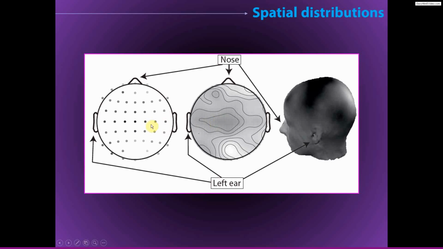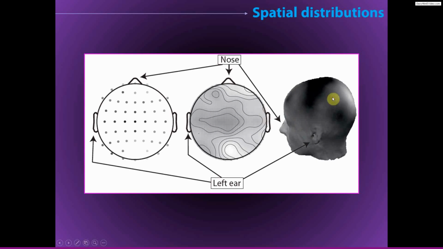This is a point that's in between these electrodes where we actually record data. But we want to use an interpolation algorithm to estimate what the activity would look like at this point, and this point, and this point, and this point, and so forth, in order to produce a smoother plot, which is easier to interpret.